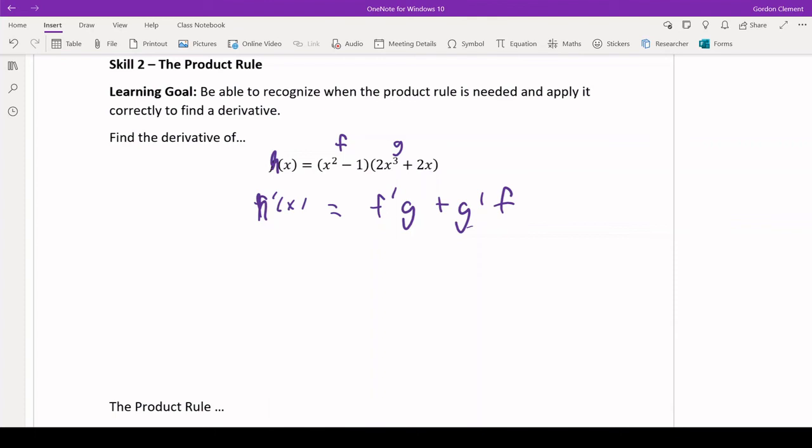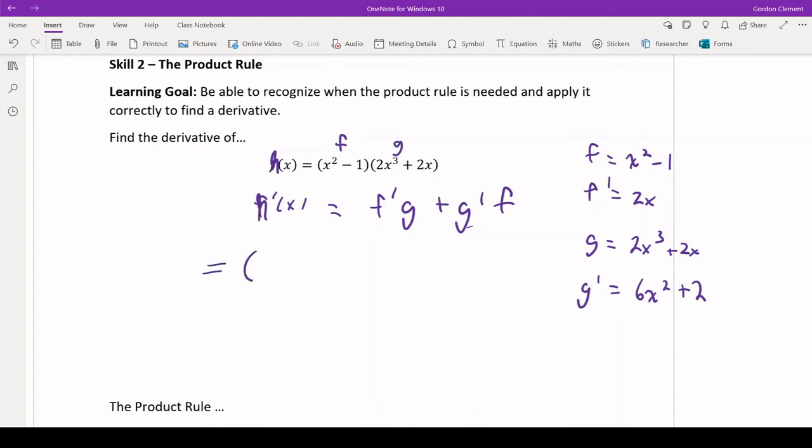But how it works out, I know I go off to the side just for organization, and write out the different pieces just kind of off to the side. f prime, f and f prime, g and g prime just helps keep things organized as they get more and more complicated.